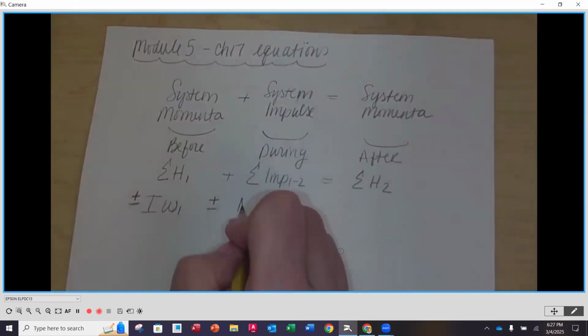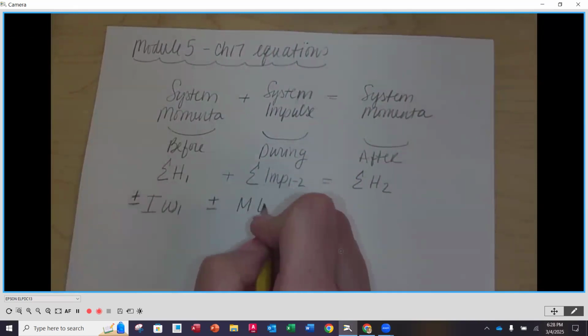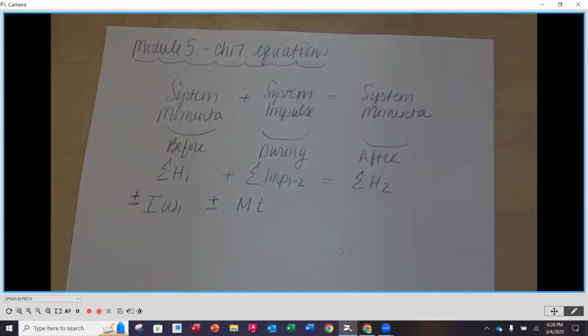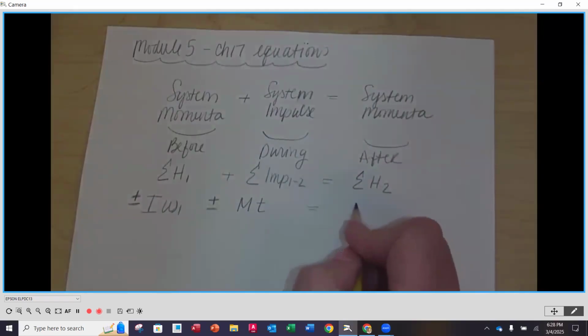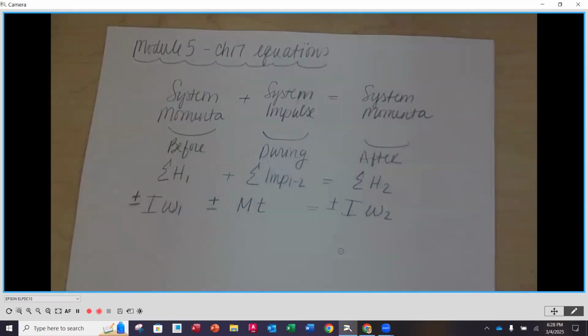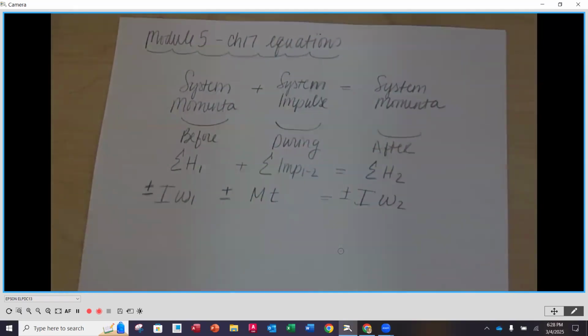And this is going to be moment times time, okay? Moment times time, capital M, not lowercase, capital M. It's going to be equal to plus or minus I, moment of inertia, times the angular velocity after the impulse.